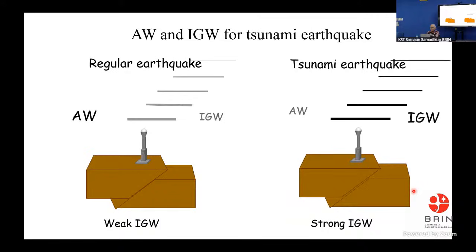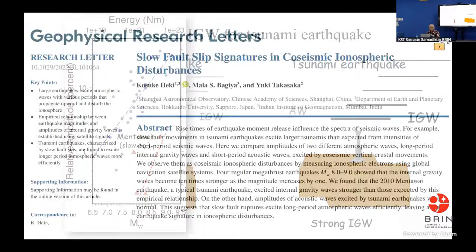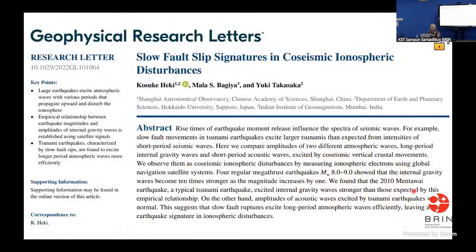So this is a slow earthquake signature in the ionosphere. So the Mentawai earthquake excited a very large internal gravity wave because it is a slow earthquake. And this was published in 2022 in GRL.